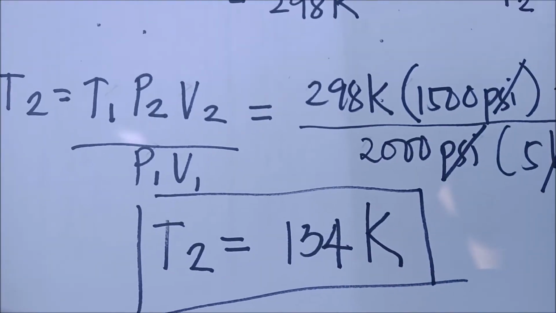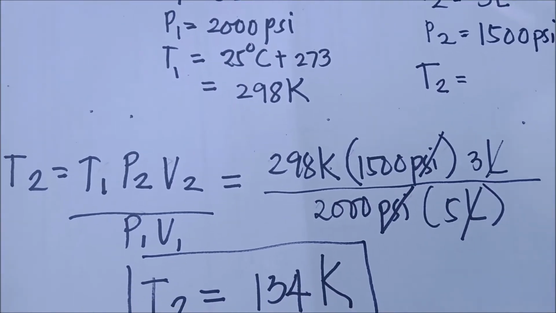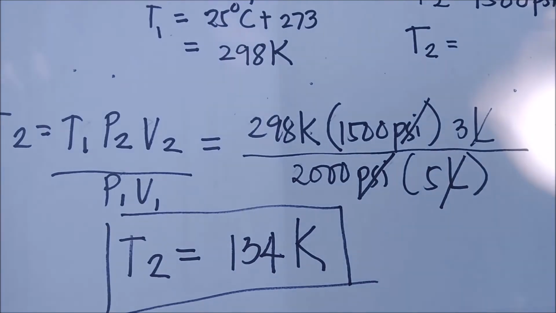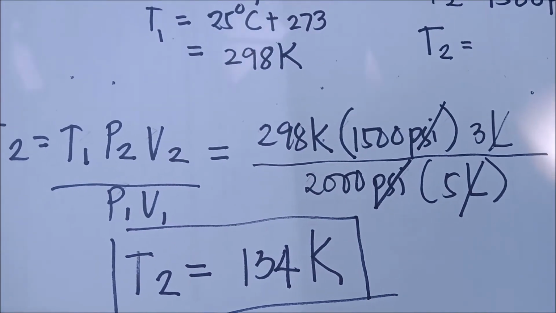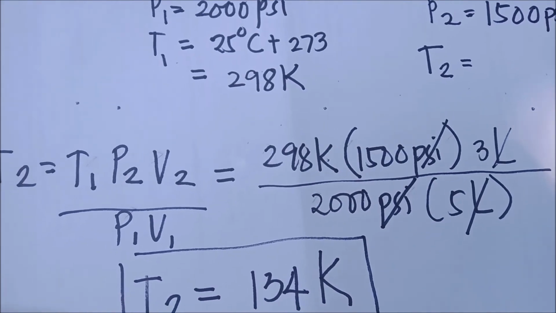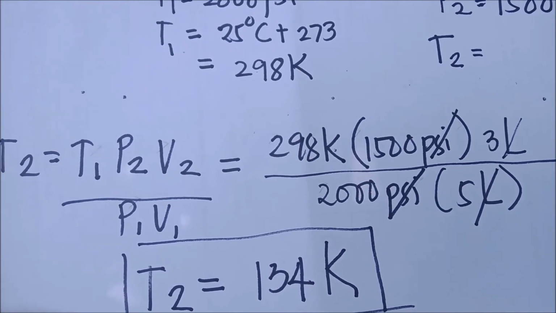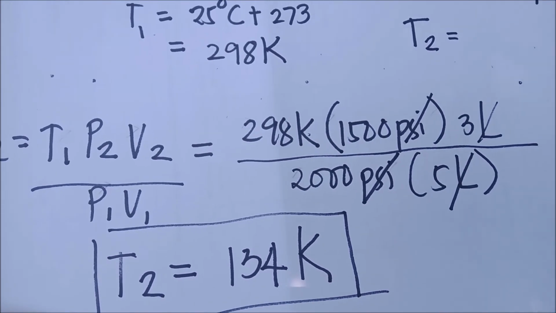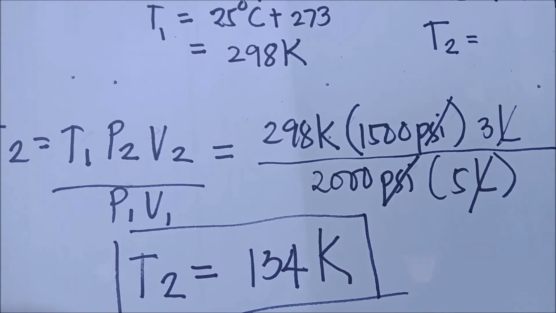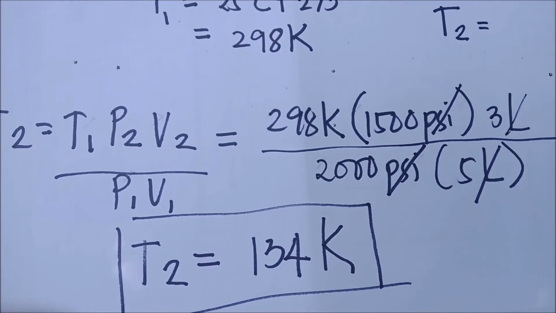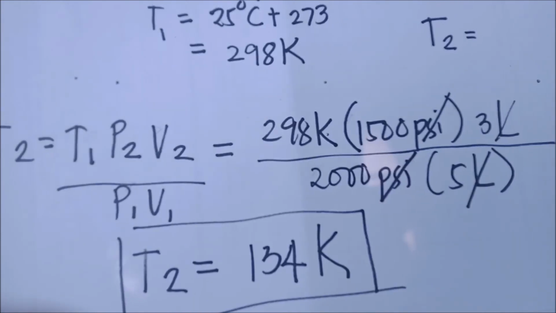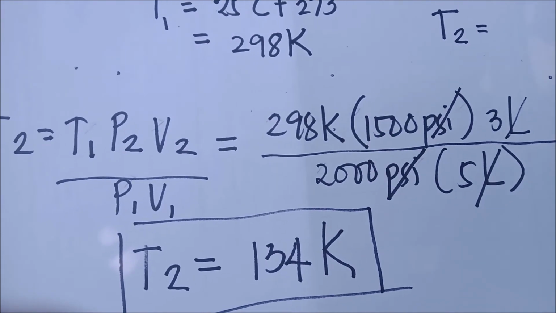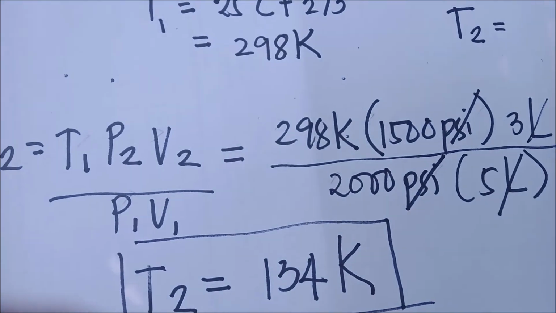So I hope you understand it, class. So that is combined gas law. The gas law which combines Boyle's law and Charles' law together, stating the relationship of volume, temperature, and pressure of a gas at constant, which is the universal gas constant.